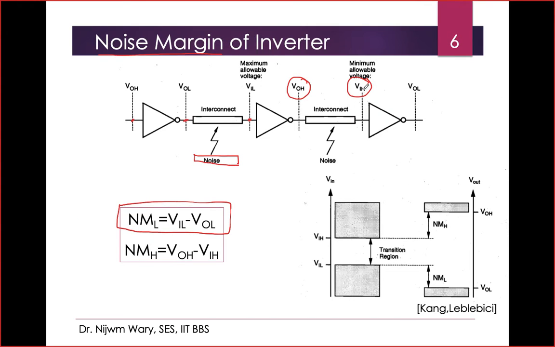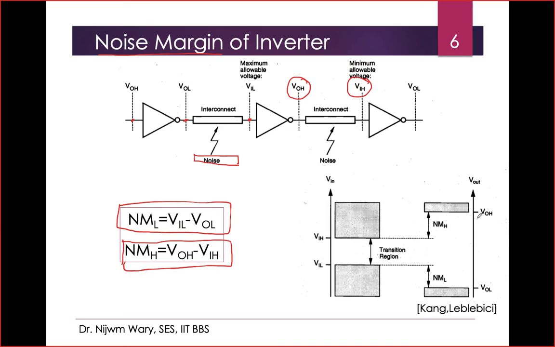So the difference between VOH and VIH is termed as the noise margin on the high value: noise margin is VOH minus VIH. So the signal to be interpreted as logic high should not be less than VIH. This difference is defined as the noise margin on the logic high.